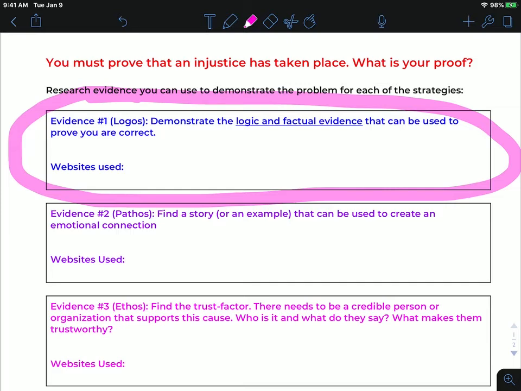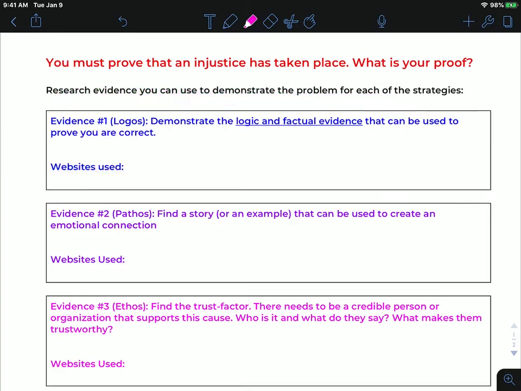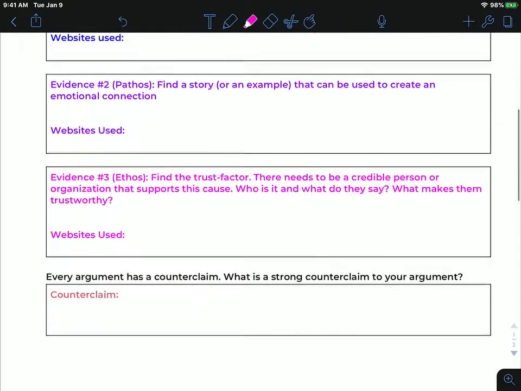Can you find specific, monumental cases, statistics that can be used, who's most affected by it, and what are the percentages and numbers that back that up? So you're looking for logic and facts and data for this section right here, very specific. All right, that's going to go in the first section here. Don't forget to write down, keep track of the websites that you use. All right, and you'll be doing this through Google Classroom, so you can just type right into the box right there. All right, so that is the logos section.